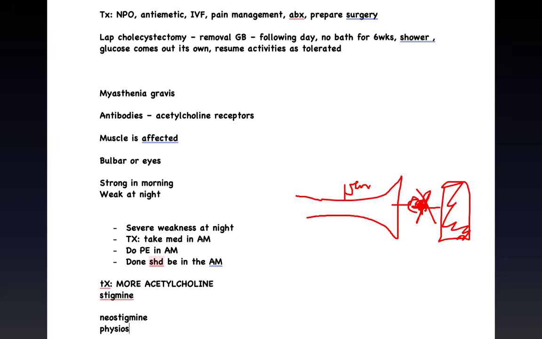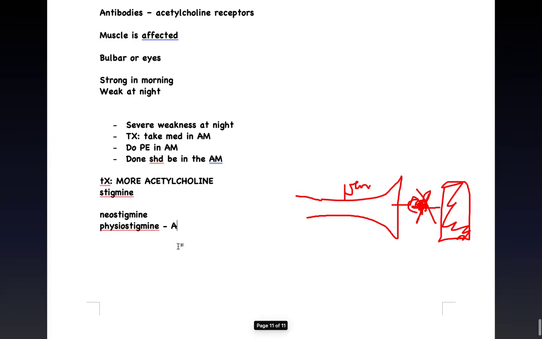These are the medications that will increase your acetylcholine. The problem is if you increase your acetylcholine, you're creating more cholinergic state. So if you go up too much, you have too much acetylcholine. So too much, the patient will have excessive what?